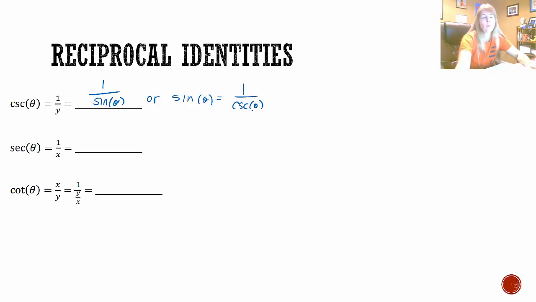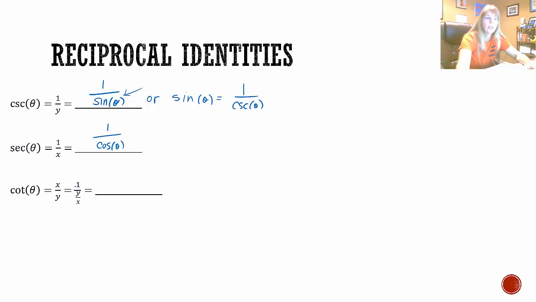If you remember when I was showing you how to switch your calculator from radians to degrees, I said if you had something like cosecant, you would have to put 1 over sine in your calculator. So these are very helpful. The secant is 1 over x, or 1 over cosine, and then the cotangent is x over y.